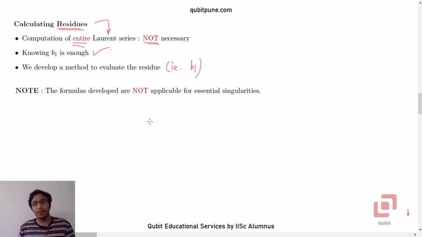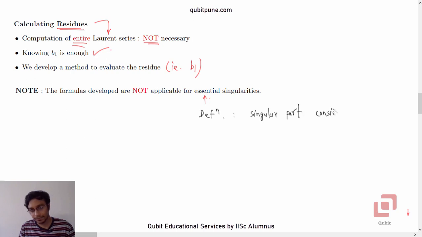Okay, we now take a note of this fact. The formulas that we are going to develop are not applicable for essential singularities. Okay, so let us remind ourselves what an essential singularity is. For an essential singularity, the singular part consists of infinitely many terms, which implies that infinitely many bn's are non-zero.